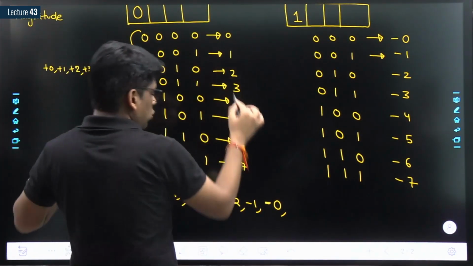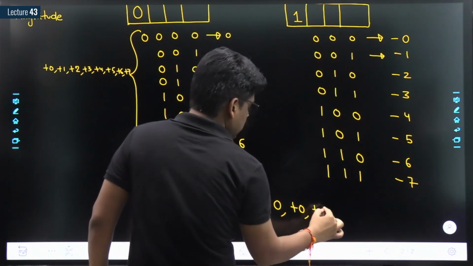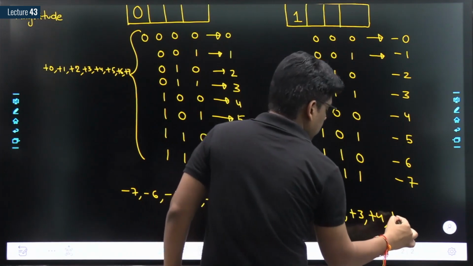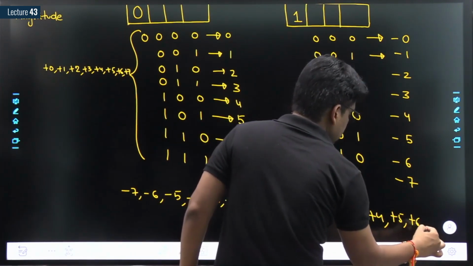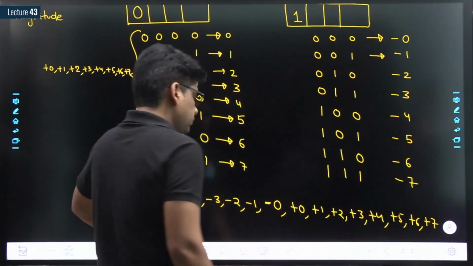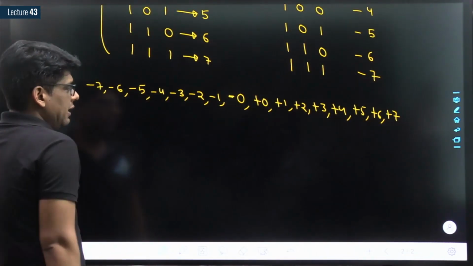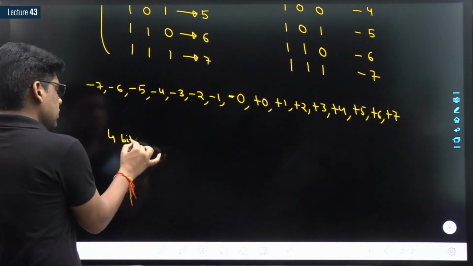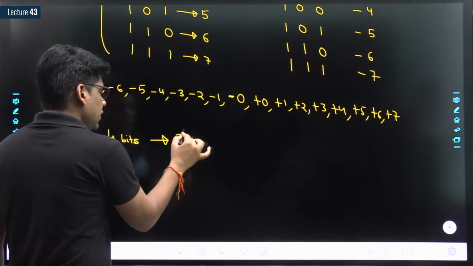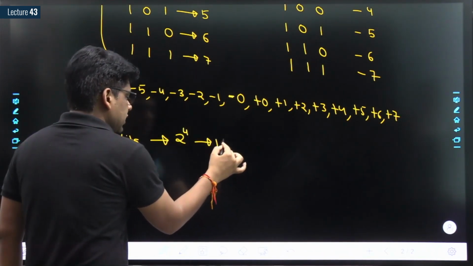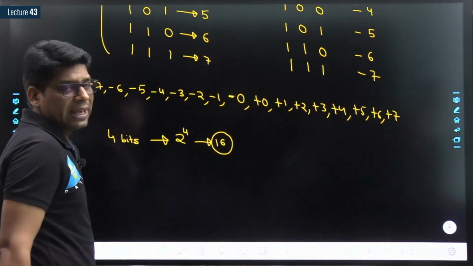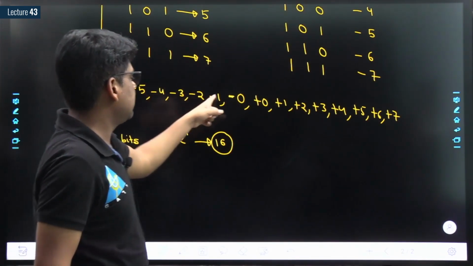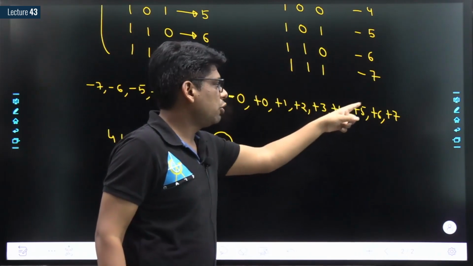Now we have plus 0, plus 1, plus 2, plus 3, plus 4, plus 5, plus 6 and plus 7. How many values are there? In 4 bits, how many possible values can be represented? 2 to the power 4, that means 16. Let me count: 1, 2, 3, up to 16.